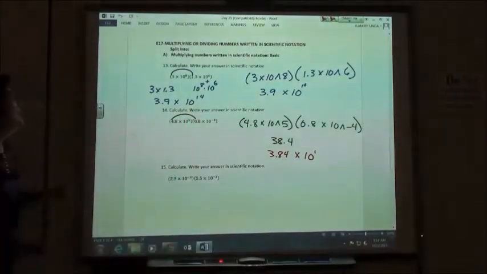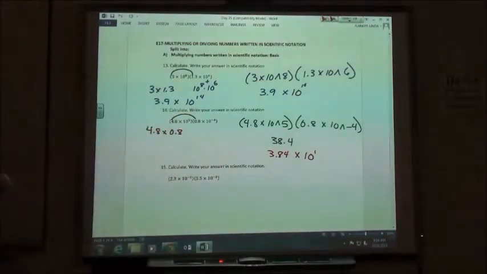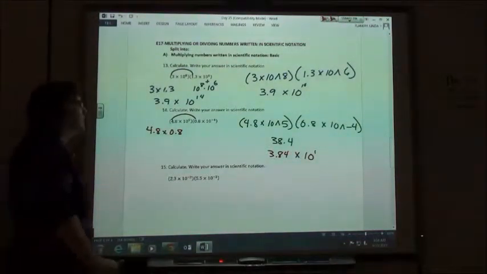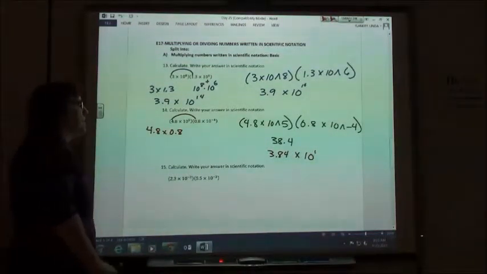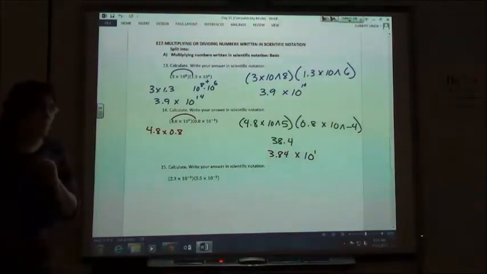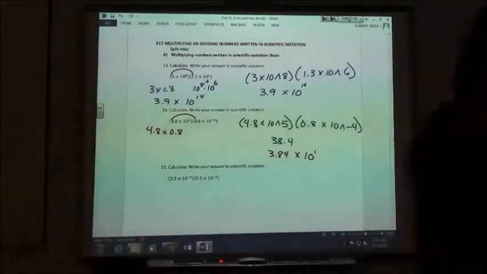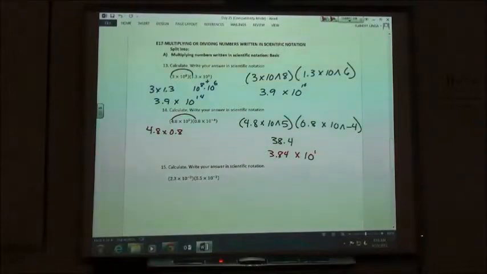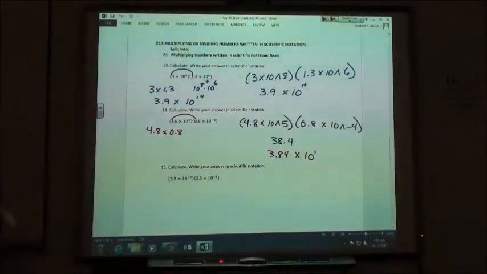So again, if we did this one without our calculator, using the other method, I do 4.8 times 0.8, multiplying the two front numbers together, so 4.8 times 0.8 gives me 3.84.